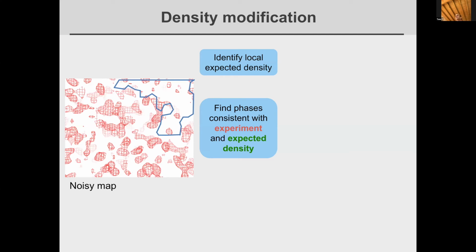Now in this region, I actually know something very special. I know that the solvent is very flat, and therefore that any noise I see in the solvent is reflecting some errors in the data or in my phases.